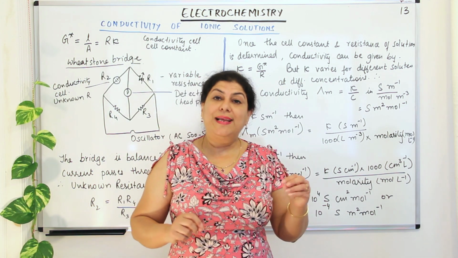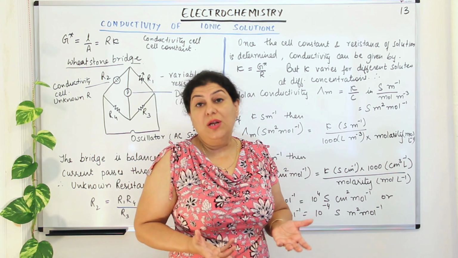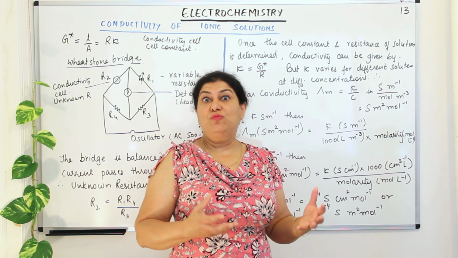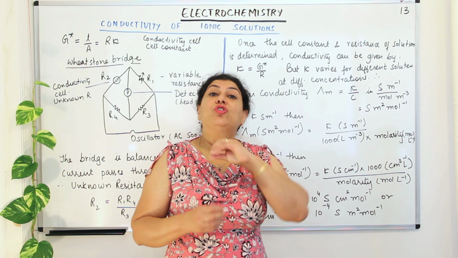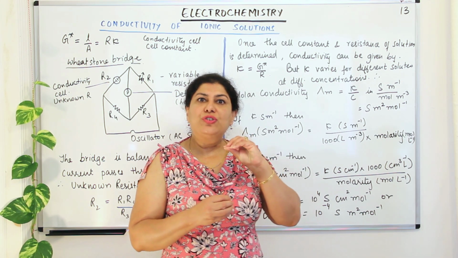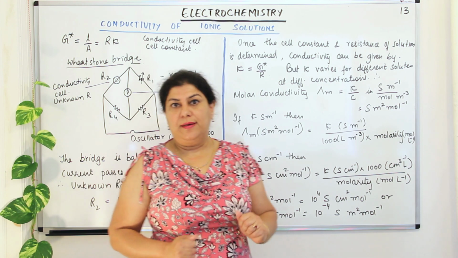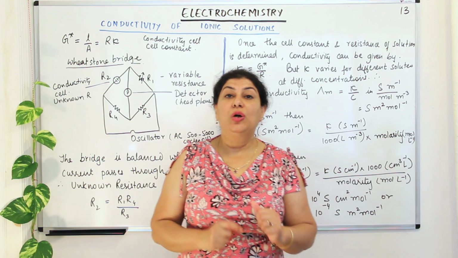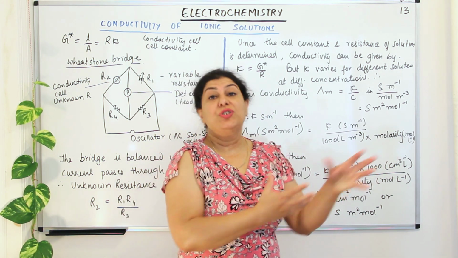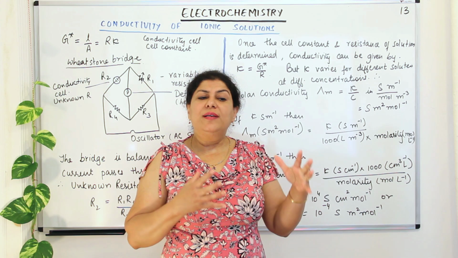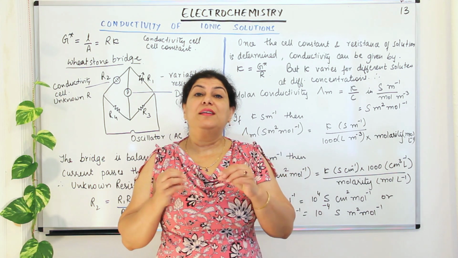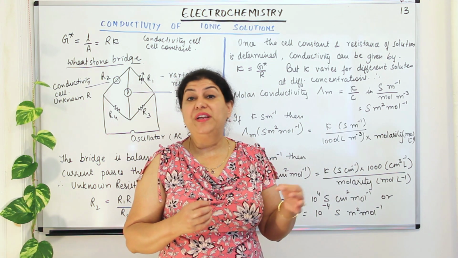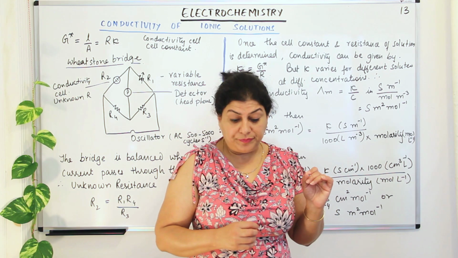You would expect the cell constant for a cell to be, of course, a constant. But when you put different solutions in that particular cell, let us say we have the same solvent, but we are using different solutes, the nature of the solute, how big the ions are, what is the charge on the ion, how easily can those ions move through the solvent molecules, all this causes a difference in the conductivity with every different ionic compound that you dissolve.